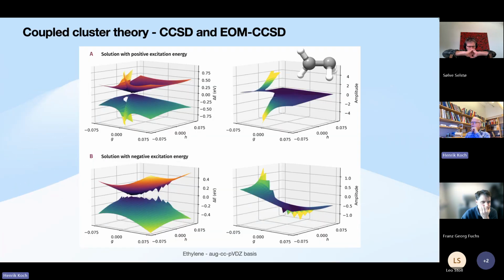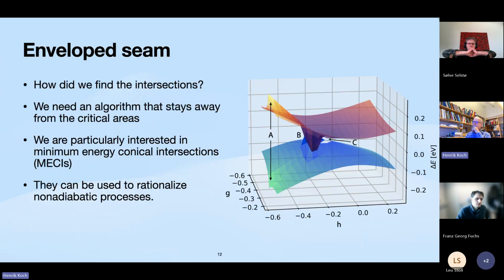So the question is, of course, how do we find these conical intersections if we have such strange behavior? Sarah and Erik devised an algorithm where we used the fact that away from the conical intersection, there can be well-behaved portions of the potential energy surface.